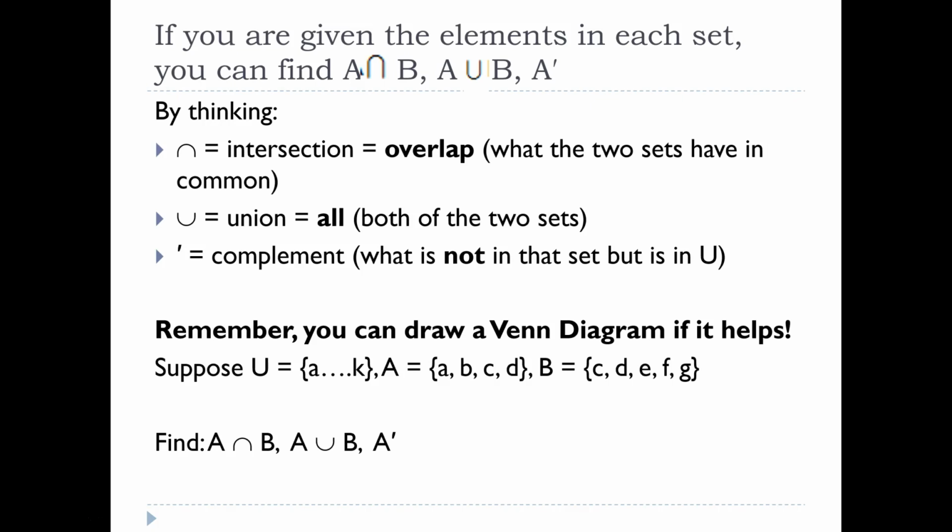And the only one that might be a little hard for you is A complement, because this doesn't have a name here like students who are wearing black. So here I want you to just think of all of the letters that are not in A, all of them, all the letters not in A. So pause the video, give this a minute of thought, draw it out, and see if you can find all three things.